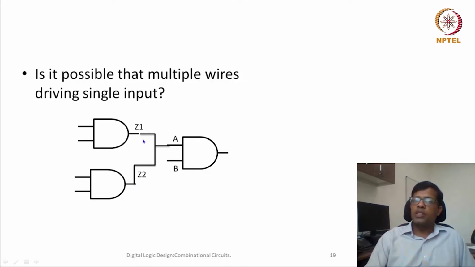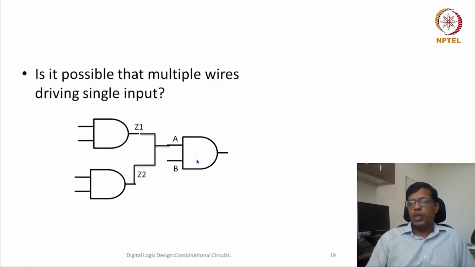That means the voltage at A would be somewhere in between, or it may develop some sort of short circuit from high voltage to low voltage. So we don't know what would happen here. Because of this uncertainty, this gate certainly will not function correctly.